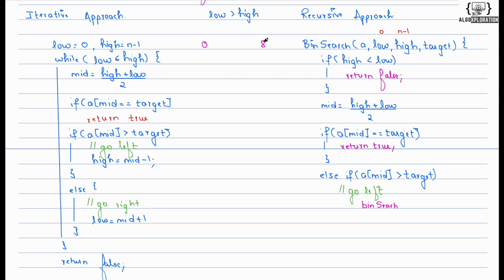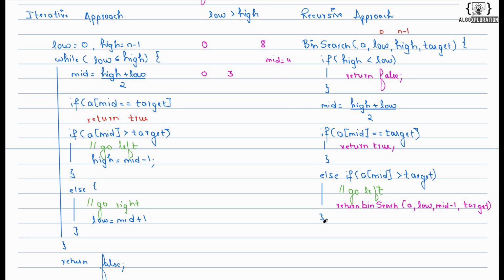Now in this case, if we got to know that the element is present on the left hand side, the search space would be 0 to 3, because mid was 4, and we have to go on the left hand side. So A will be as it is, low will be as it is, but the high will be different. So mid minus 1 and the target as it is. And since we have to return the value, so return it. That's it. This was the else if.